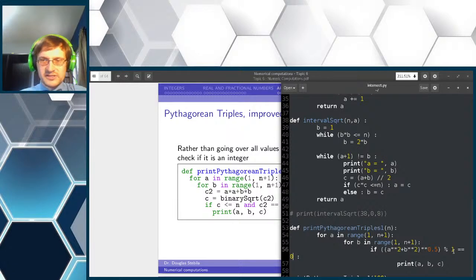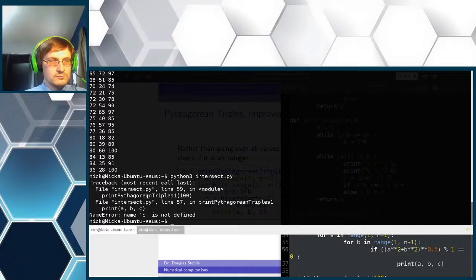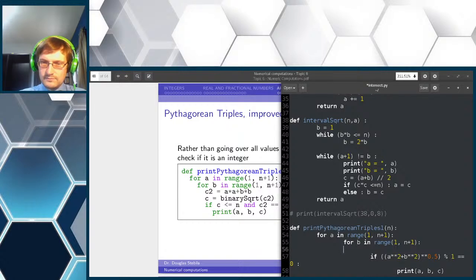So let's see if that works. Oh, c is not defined. Yes, that's true. Let's move that there.